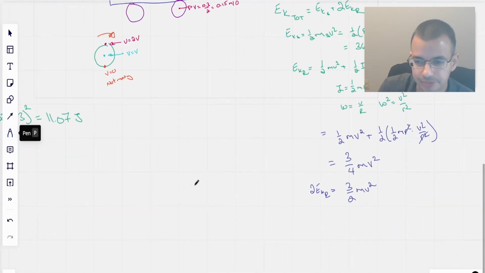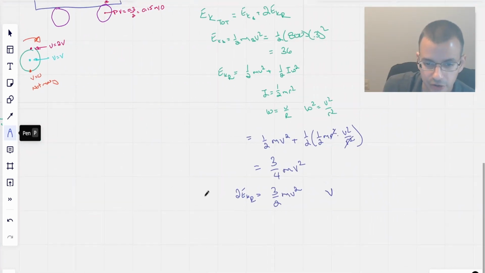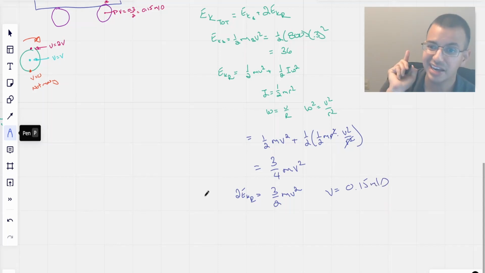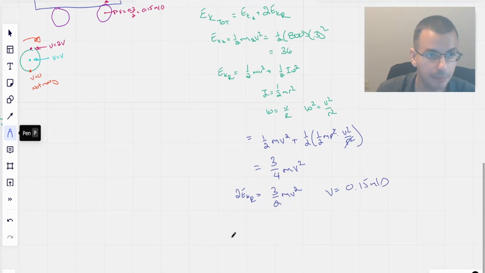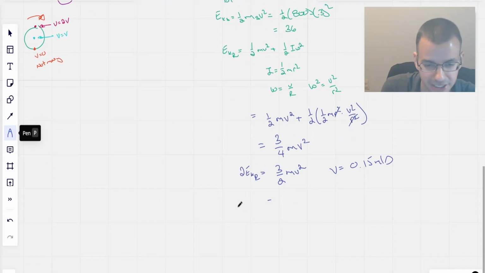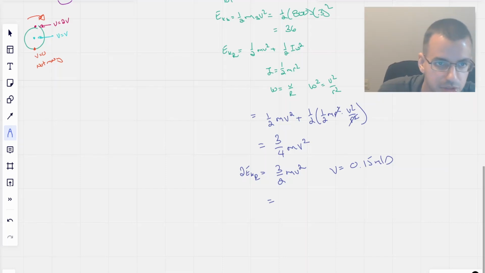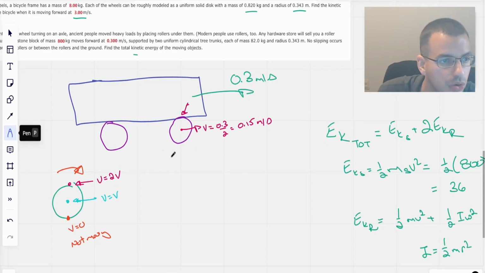3/2 mv squared. Yep. In this case, though, v is 0.15 meters per second, not 0.3 meters per second. And that's going to be the key difference here. So going back to our values, 1.5 times the mass of the roller.